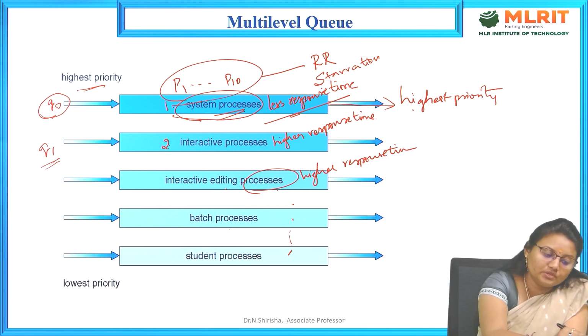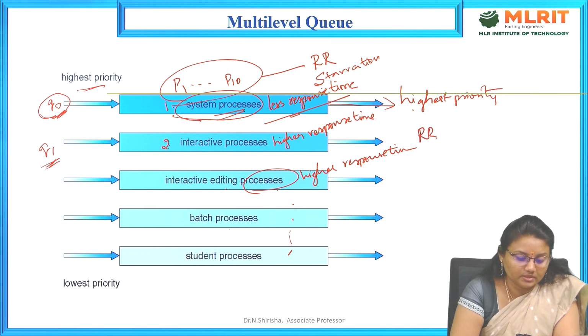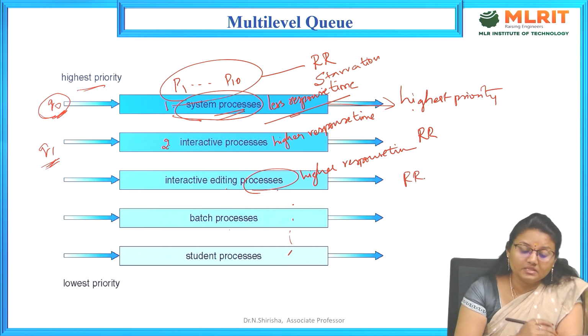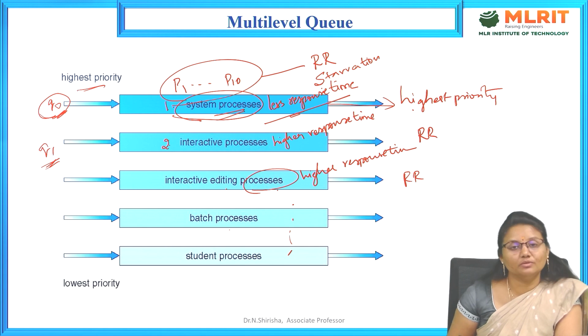So after executing Q0, all the processes in Q1 will undergo execution. Here also mostly we use the round robin scheduling algorithm. Wherever there are interactive processes we use round robin, but the sequence of the processes going to execution may vary because of their high priorities.